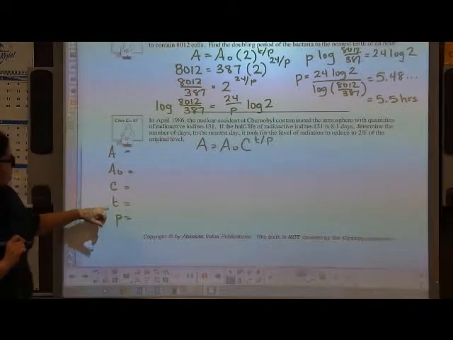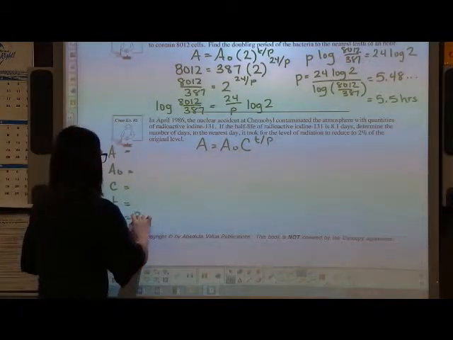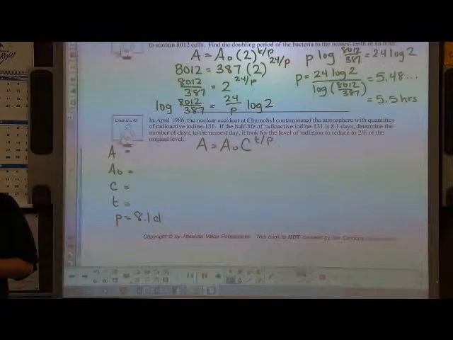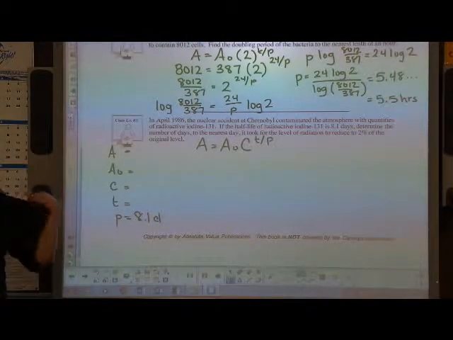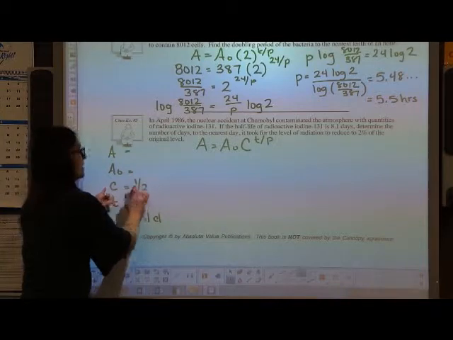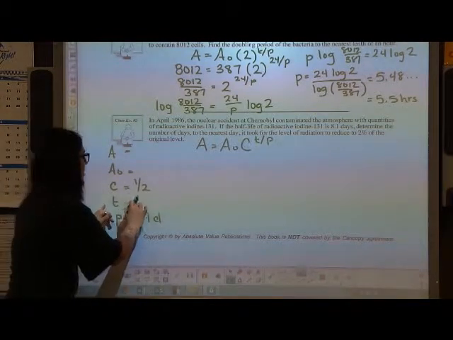Is T 8.1 or is P 8.1? P. How do I know that it's P? Because that's the half-life. Which means that C would have to be equal to 1/2, because C is that constant. So doubling, tripling, half-life. Okay? T is what I'm trying to determine.